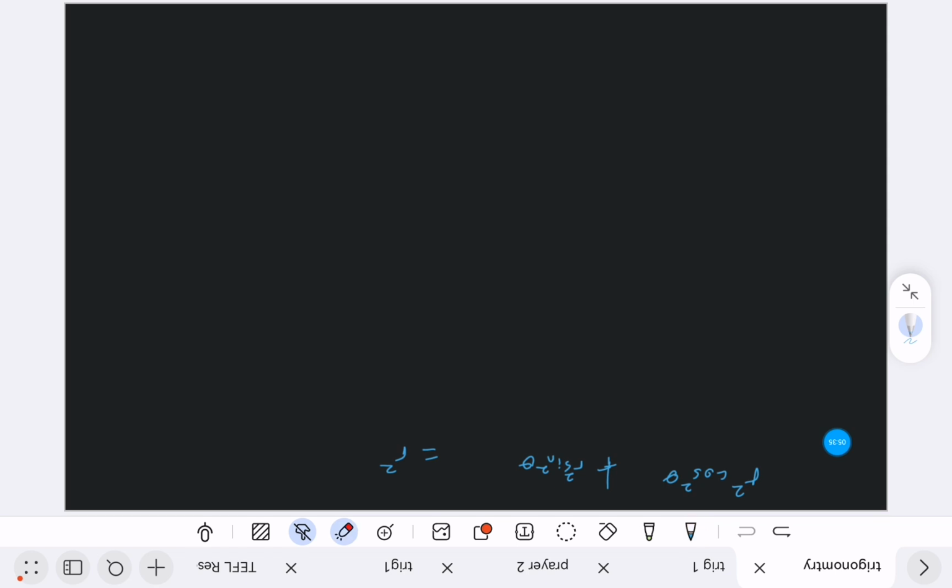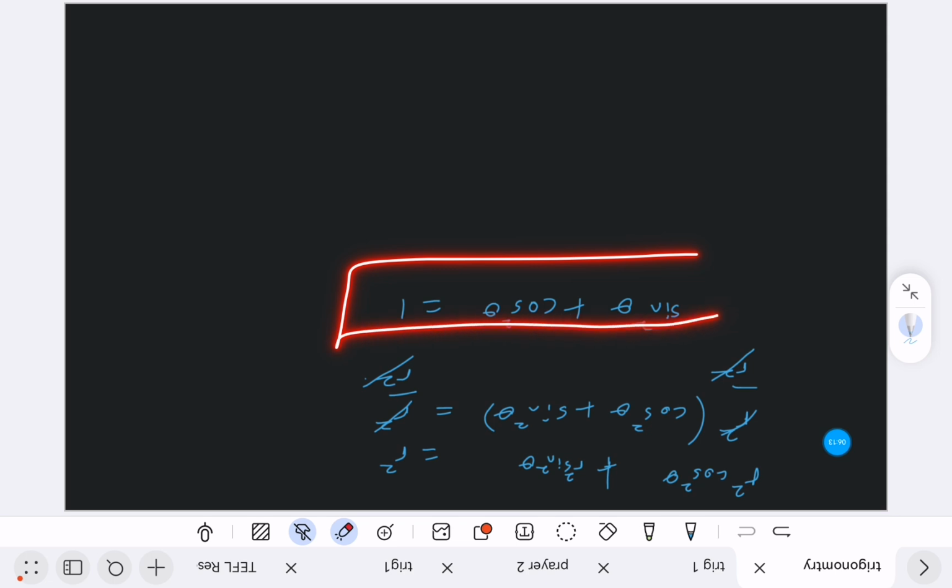From the left side we're going to factorize out the r, and so r squared multiplied by cos squared theta plus sin squared theta is equal to r squared. Okay, and then if we go ahead and divide both sides by r squared, we remain with the magic. Sin squared theta plus cos squared theta is equal to 1. This is what has been giving you challenges.